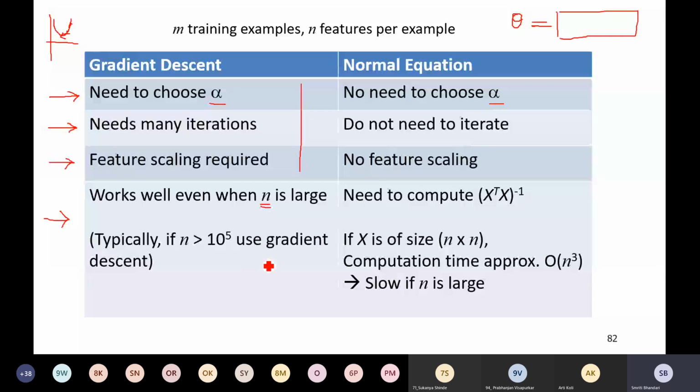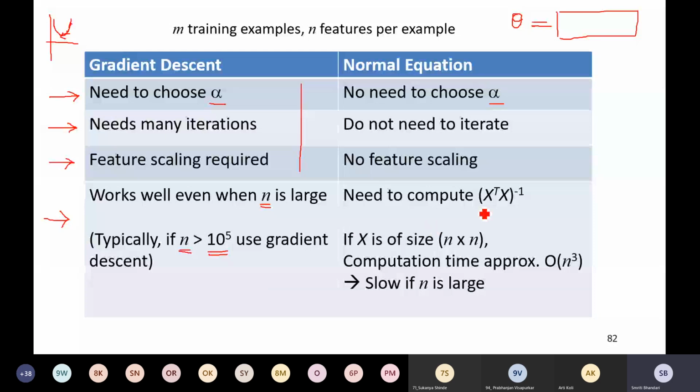If I have, for example, a number of features greater than even 10 to the power 5, then also my gradient descent algorithm works really well. So if the number of features is very large, typically beyond 10 to the power 5, then we should prefer to use gradient descent.